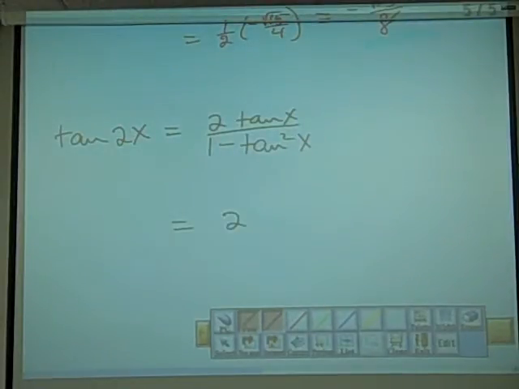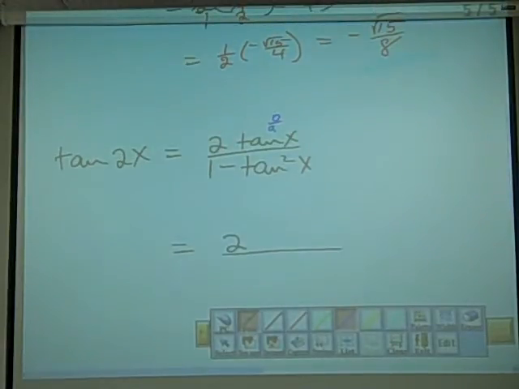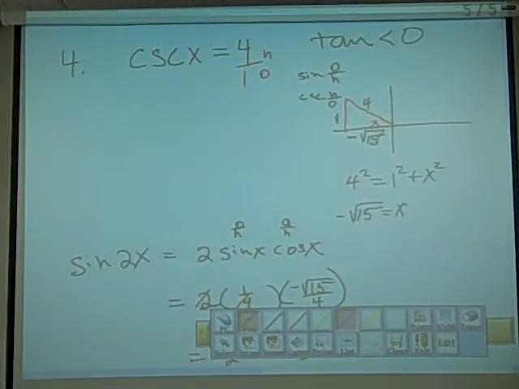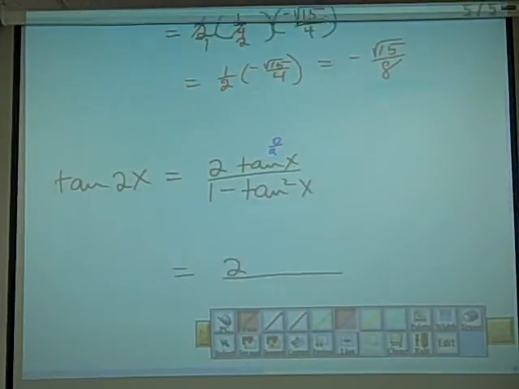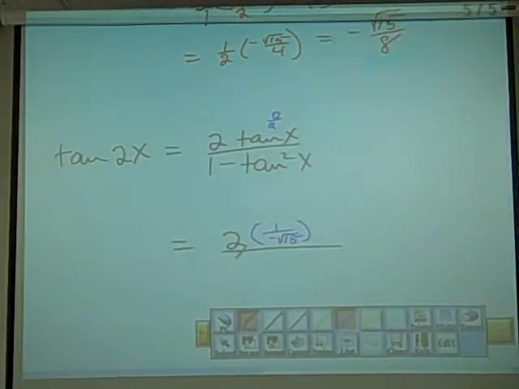Here we have 2, and now tangent is opposite over adjacent, right? So we look at our triangle, opposite over adjacent. So that's going to be a 1 over a negative square root 15. And then here we have 1 minus, and then parentheses squared, and then we're going to put in that negative 1 over square root 15 again.